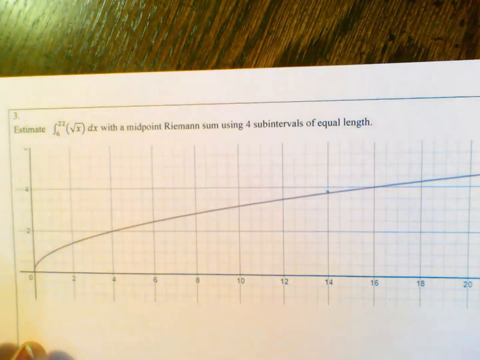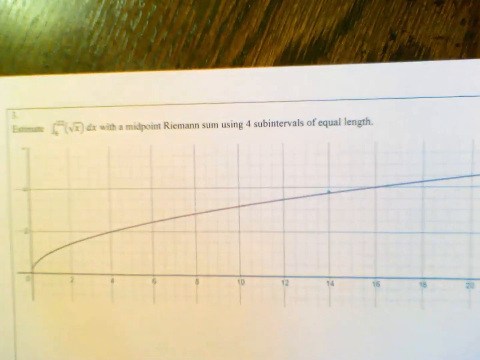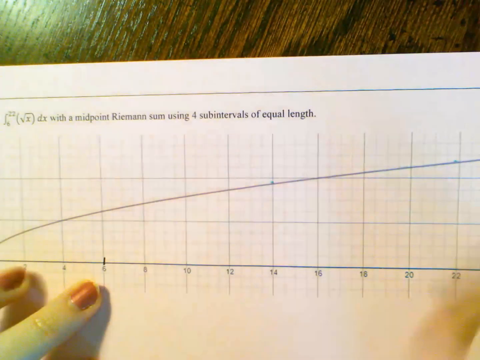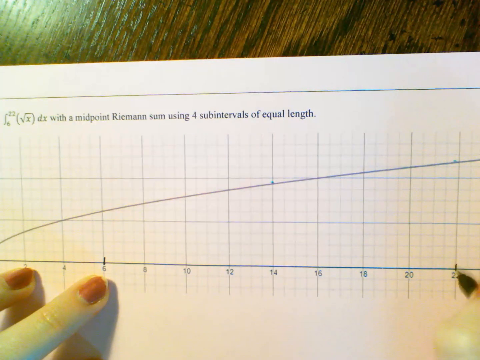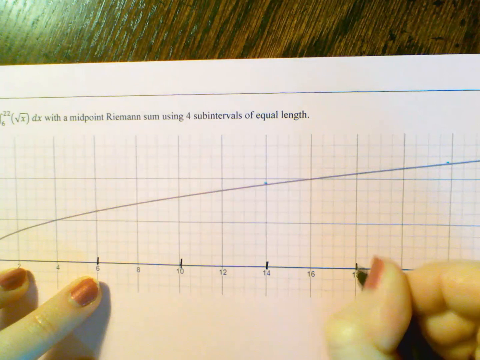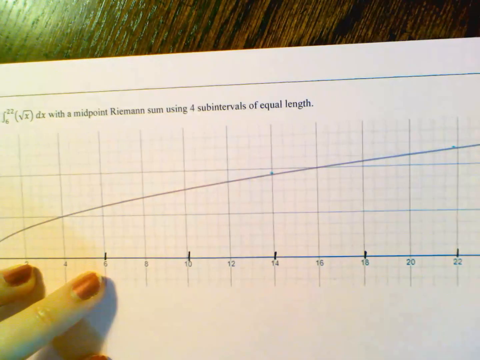So this time, same everything except the type of sum. So we're going to estimate the same integral with a midpoint Riemann sum using 4 subintervals of equal length. So same idea. So 6 to 22, 4 subintervals. Okay.